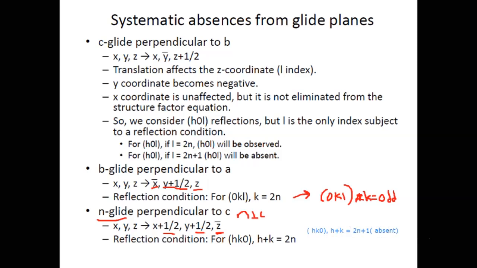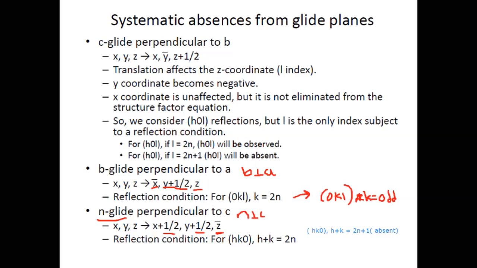When it was a B glide perpendicular to A, we're only translating along one direction, so only one of the indices has to meet the criteria of being odd. So always the indices that you're translating along have to meet the even odd criteria to be either observed or absent.